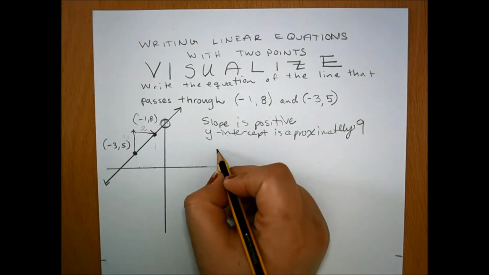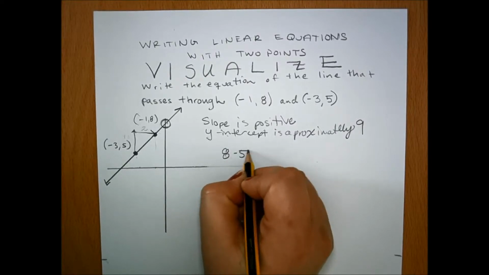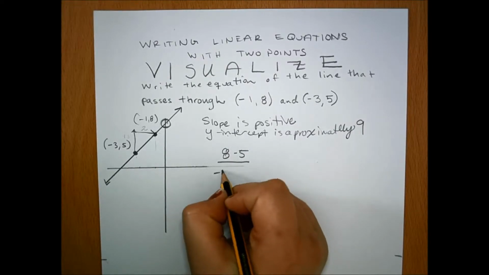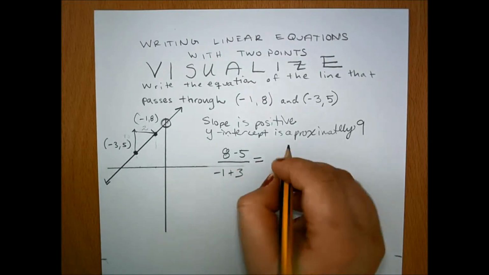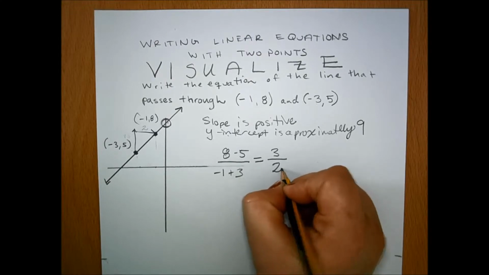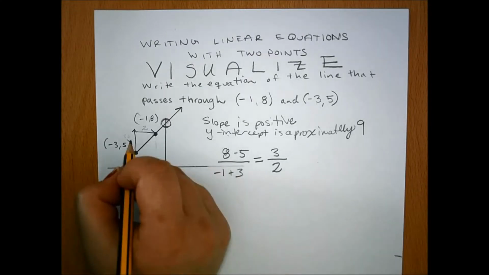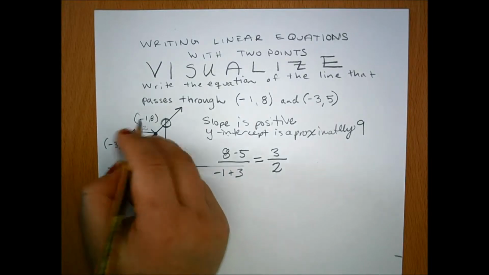First, solving for the slope by finding the change of the output compared to the change of the input. The change of the output is 3, the change of the input is 2. On the graph, does that make sense?